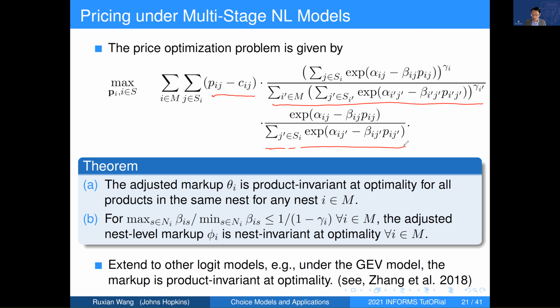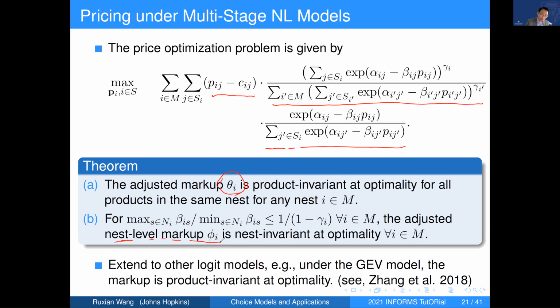First, the adjusted markup is the same for all the products in the same nest. And again, we can define the adjusted nest-level markup for each nest. We find this one is also the same for all nests.